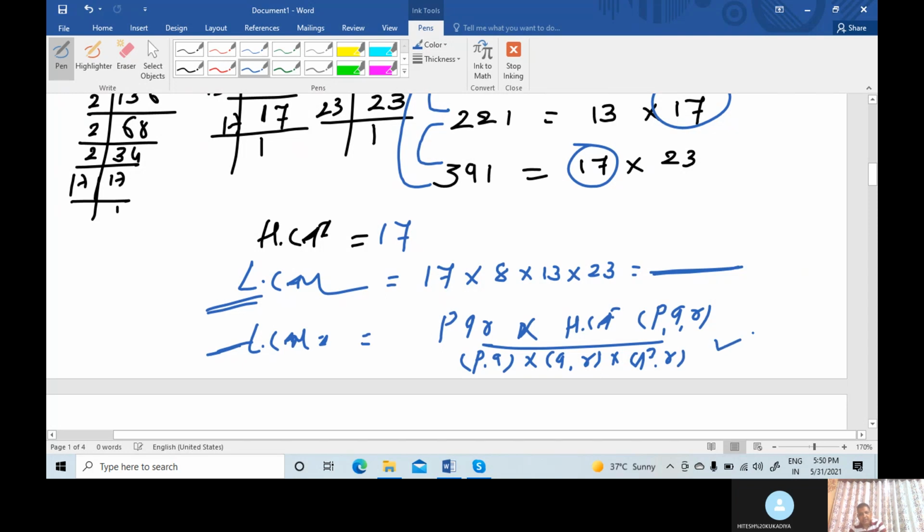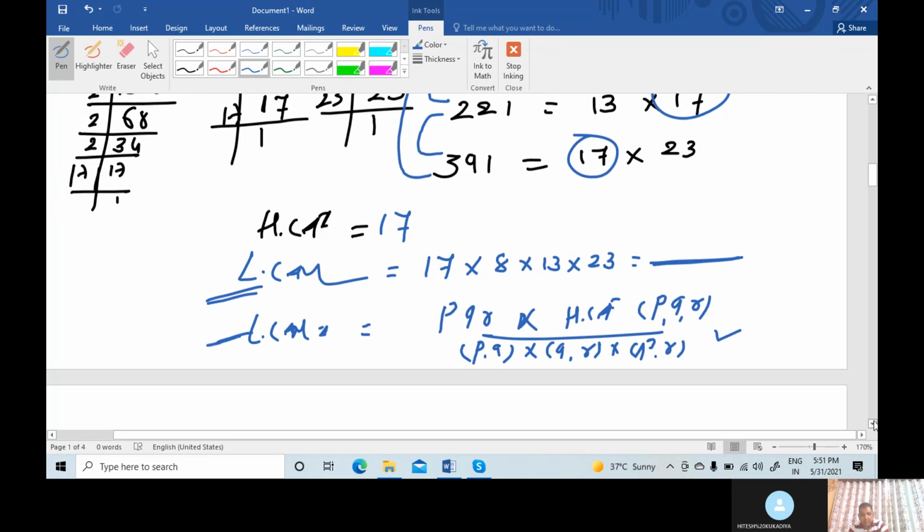Then verify also. This is important in practice sums. When you give the board examination, otherwise last month's practice, another school paper, or prelims paper, you can solve this type of question. Is that clear? So we practice here.